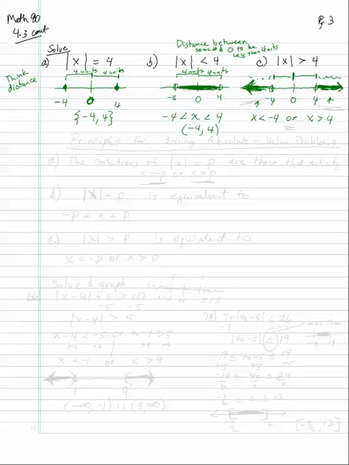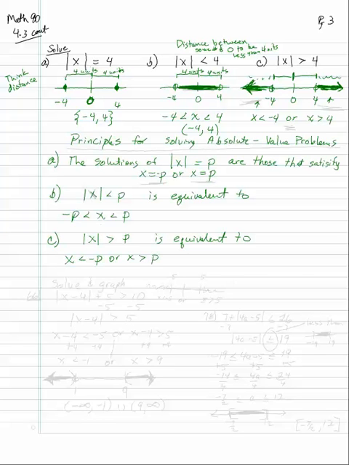Let me write that down. Okay, so the three cases for the principles for solving absolute value problems. Whenever you have an absolute value problem, the technique for all is the same. You get the absolute value by itself equals a positive number p, and then you do the case accordingly. If it's an equation, you split it up into x equals -p or x equals p.